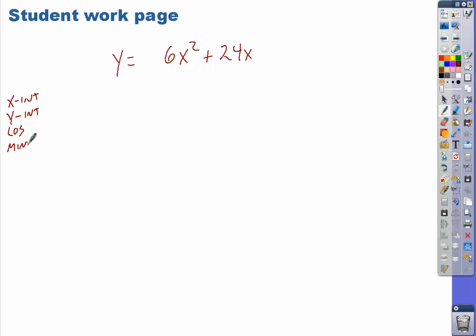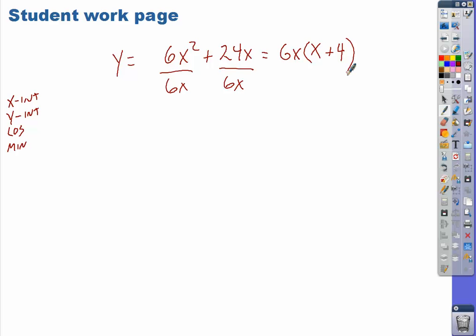So first thing I need to do is factor it, right? So look for the greatest common monomial. Does something go into both of those terms? And yeah, it does. Well, 6x does. So this is going to be equivalent to 6x. We divide both of these by 6x, and so I'll get x plus 4.